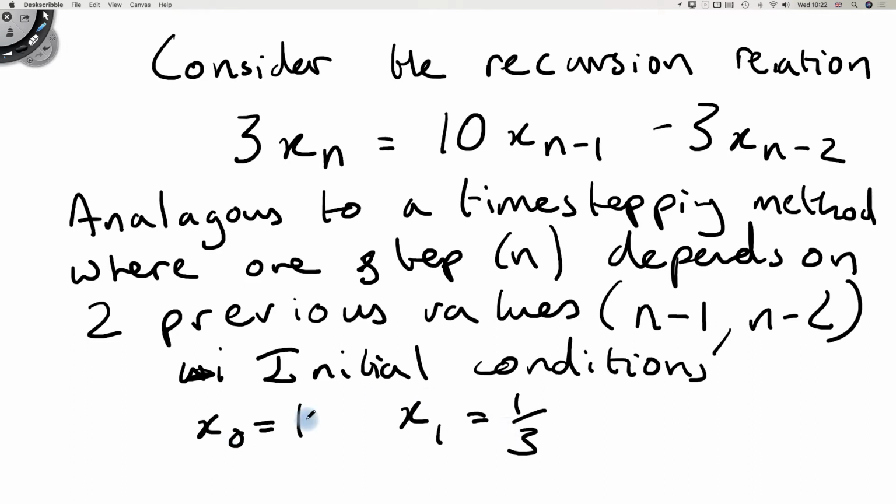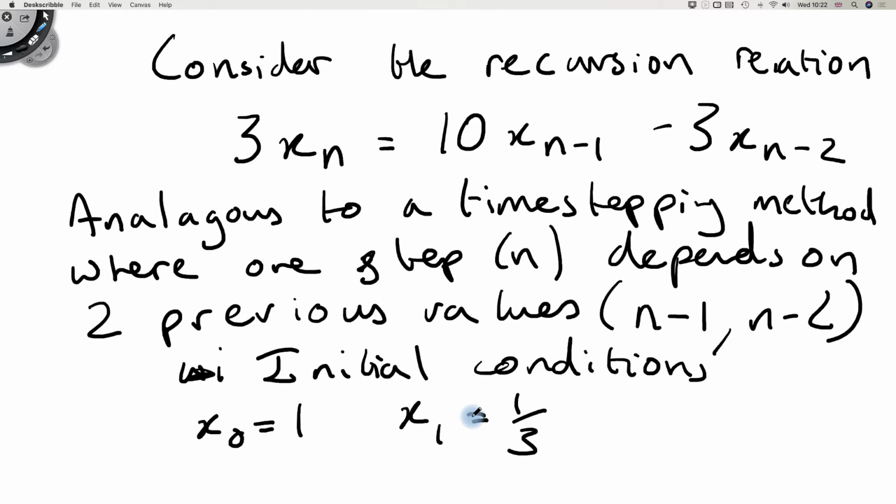This sometimes catches people out. The reason we need two initial conditions is that the new value xn is dependent on two previous values, so we have to start off the system with two starting values. We start with x0 is 1 and x1 is a third, and that'll turn out to be important about how we set this up. So we start off with 1, then set the next one as a third, and then we set it going, if you like.